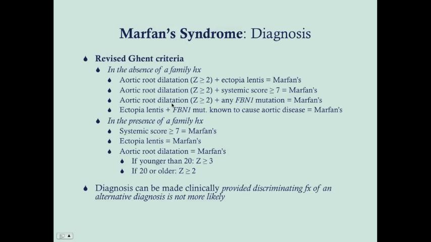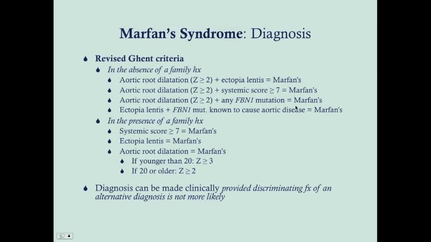If a patient has aortic root dilatation, but you really don't see anything else, but that aortic root dilatation is significant, you want to know if they have Marfan syndrome, because if they just have aortic root dilatation, but they don't have Marfan syndrome, that may give a different prognosis than if they did have Marfan syndrome.